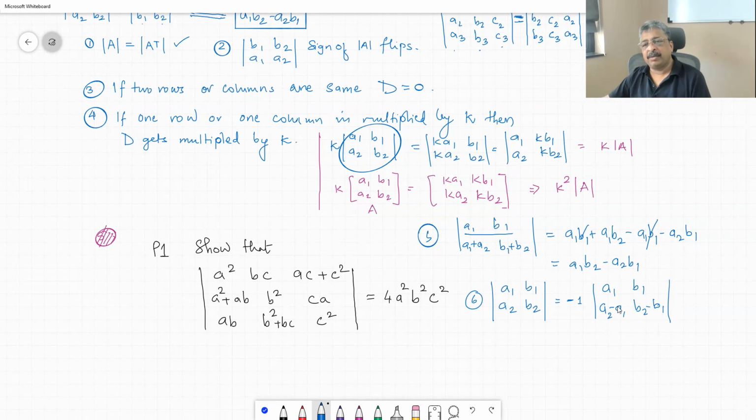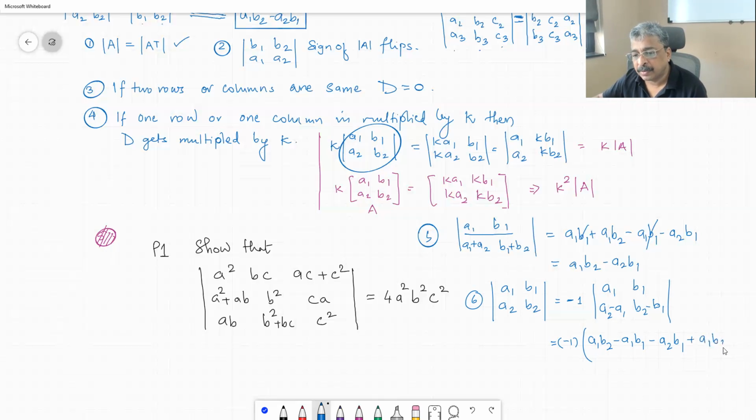We have multiplied the first row by some constant and then added it to the second, but that constant is also compensated by the corresponding reciprocal outside the determinant. Let us see what the answer is. Minus 1 times a1 b2 minus a1 b1 minus a2 b1 plus a1 b1. This gets cancelled.